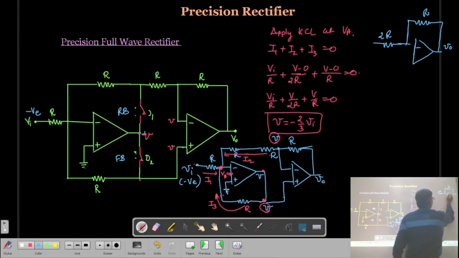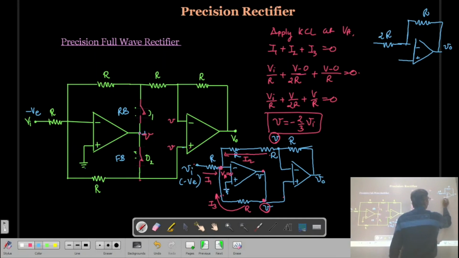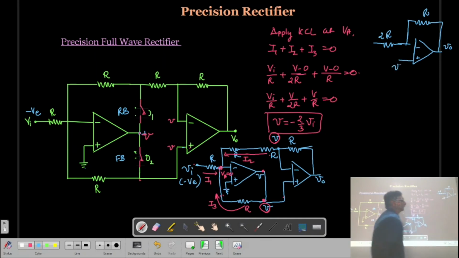Remember, minus, plus, and here my input voltage is V. I am going to draw the output part of the circuit. So here the V potential, then the feedback R, 2R, and ultimately this point is connected to nothing but a virtual ground. So you can make it ground.